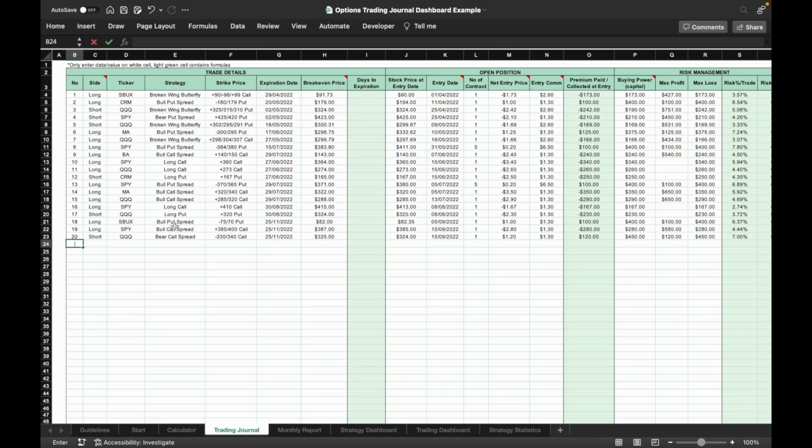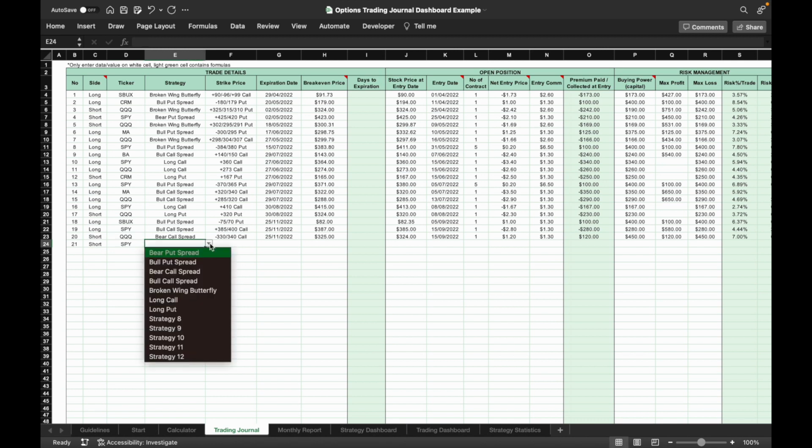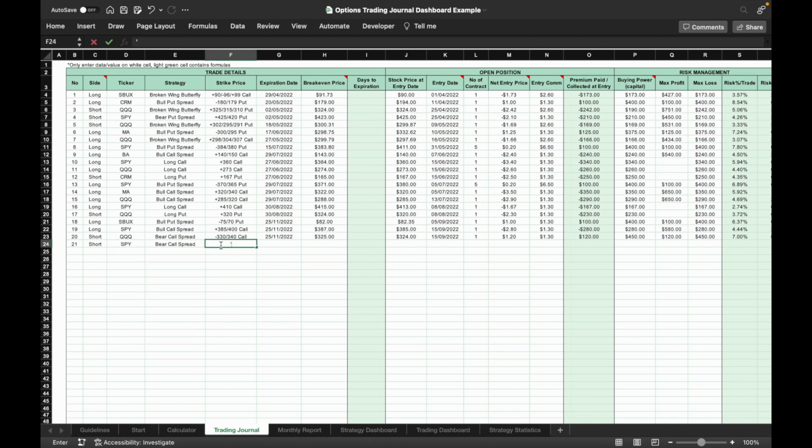So I will record this in my spreadsheet here so that it's easy for me to track. When I do a bear call spread, I'm shorting the stock. I expect the price to go down. So I'm doing this on SPY. Select my strategy here, bear call spread. I'm selling 433 and I'm buying 434 call option expiring on 17th of March 2023.